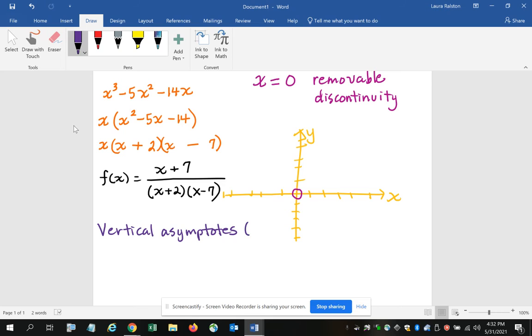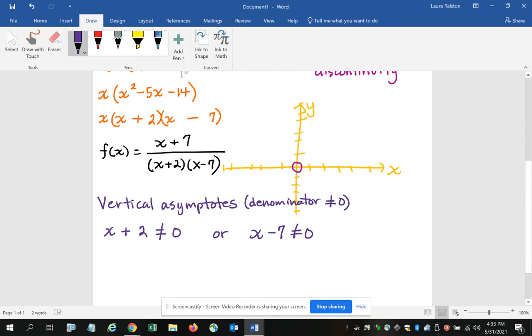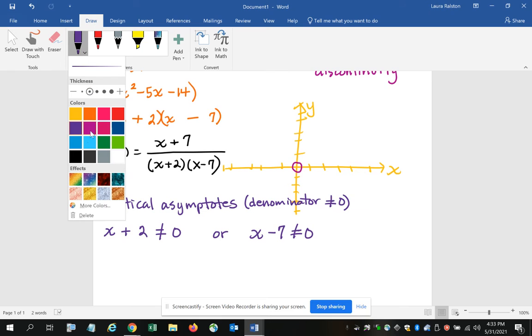So to find the vertical asymptotes, the denominator cannot equal 0. So I would have the expression x plus 2 cannot be 0, or the expression x minus 7 cannot be 0. And I'm going to solve each of those individually for x.